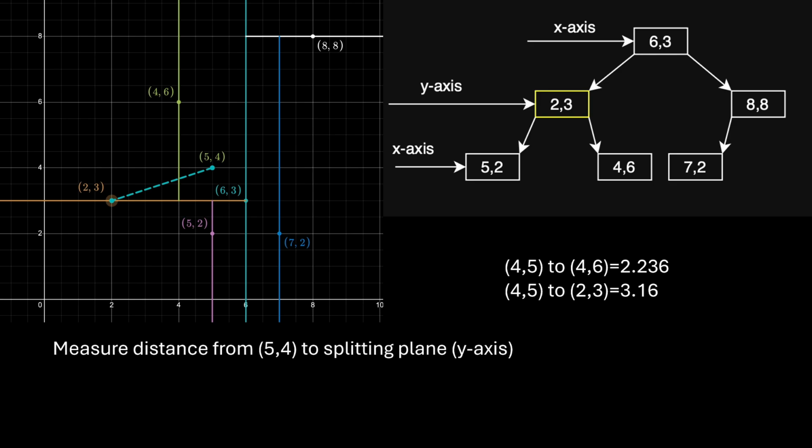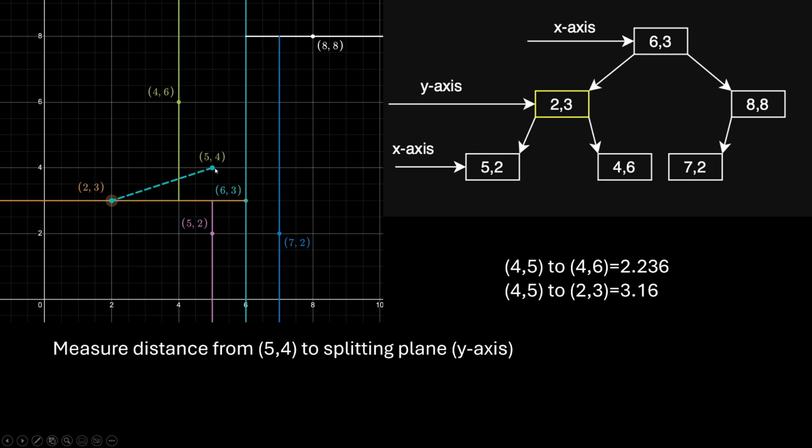Next step, we will measure the distance from 5, 4 to the splitting plane. Since the parent node is further than the best node that we found, the leaf node, the parent node is not the best distance. So we will measure the distance from 5, 4 to the splitting plane, just the y-axis, using the parent node, which is 2, 3.